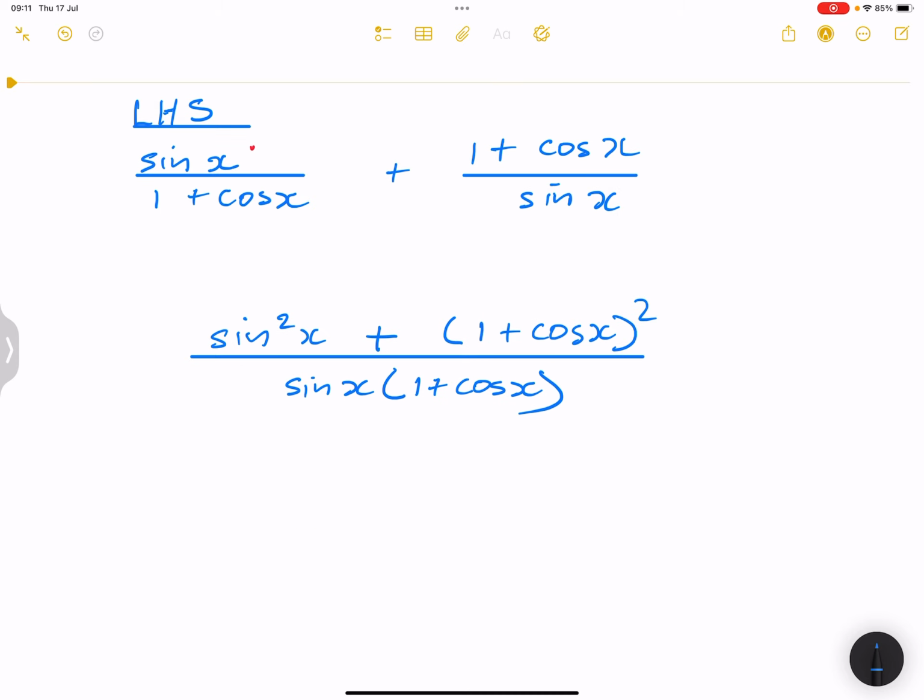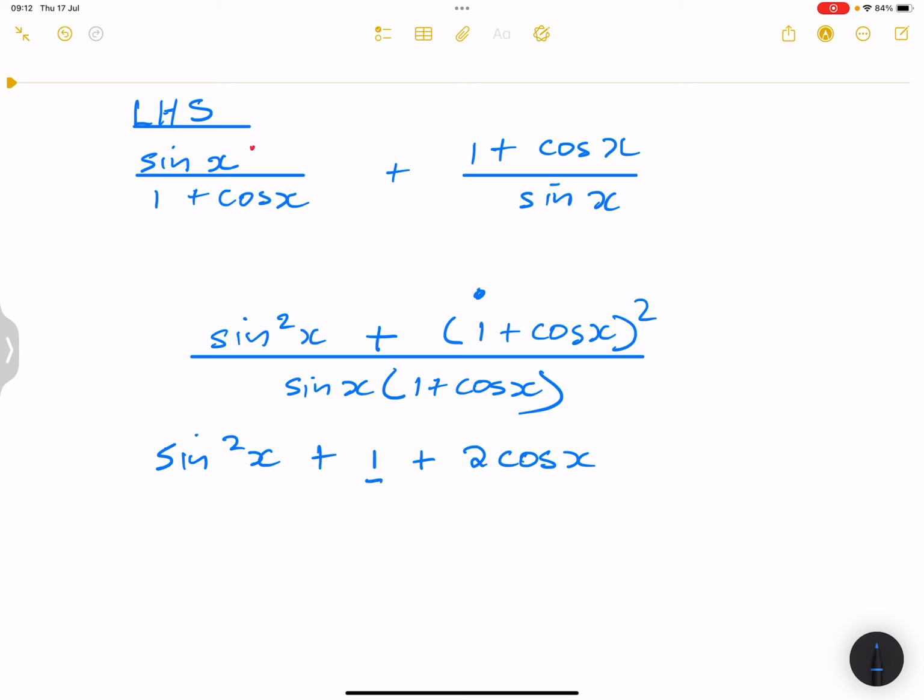All right, now let's simplify this. So at the numerator, we've got sine squared of x plus. Now let's expand that entire thing, right? So if I have 1 plus cos x times 1 plus cos x, that will give us 1 plus 2 cos of x. So remember, if we've got a square bracket, for the first and the last term, you just simply say, well, that's 1 squared, that's 1.